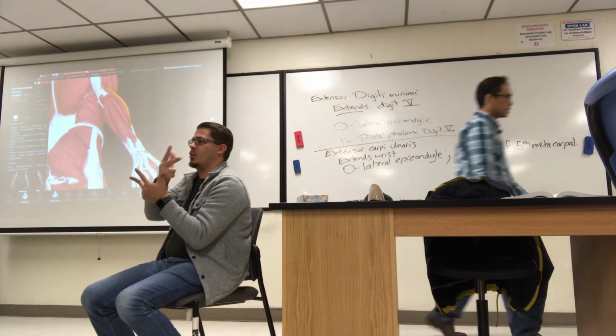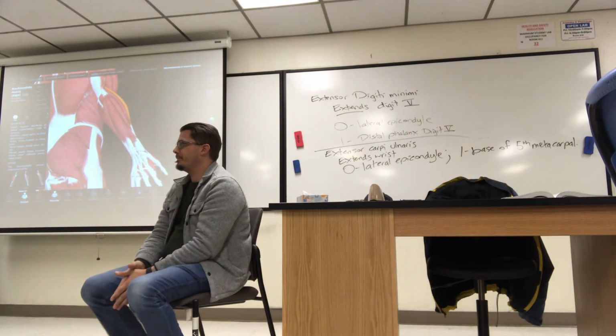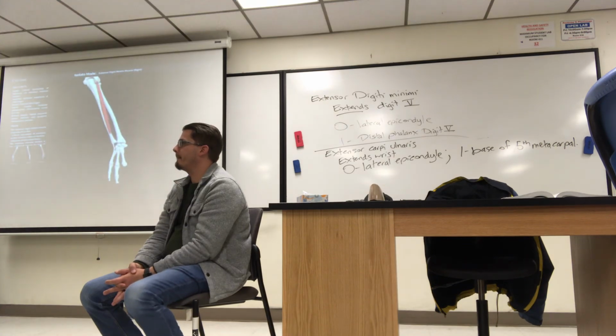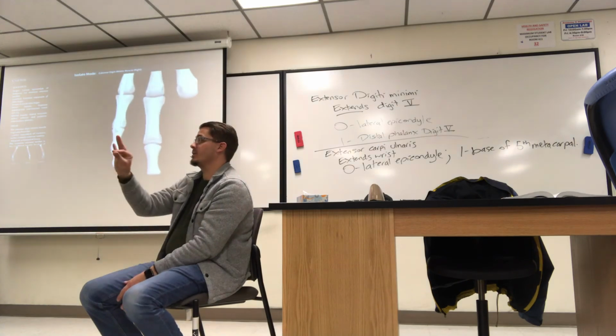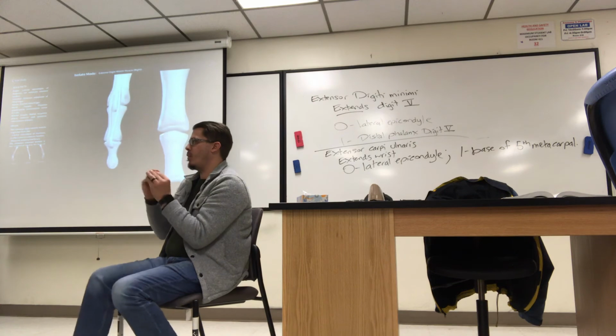It's very slight. There it is, all by itself. Extensor Digiti Minimi. If you zoom in, it's going all the way to the distal phalanx of digit 5.